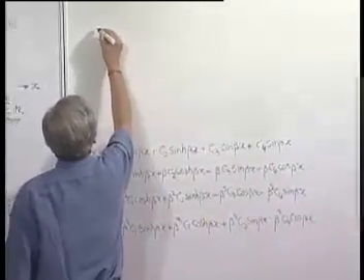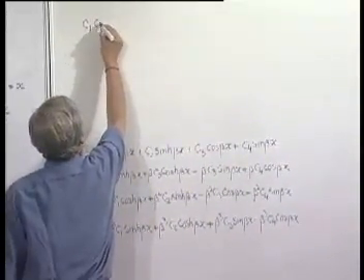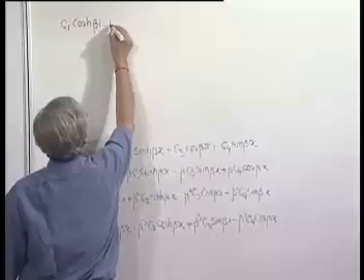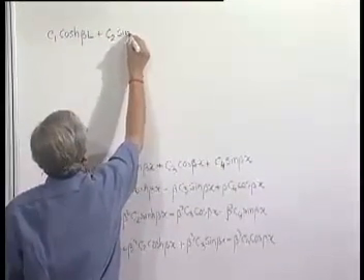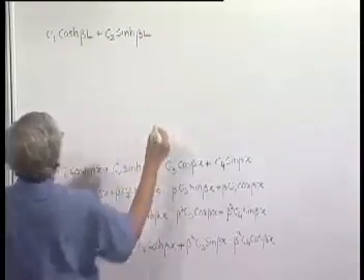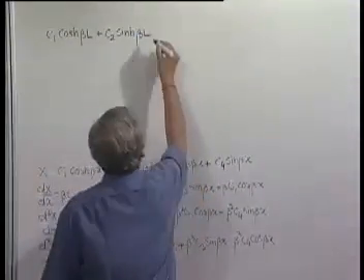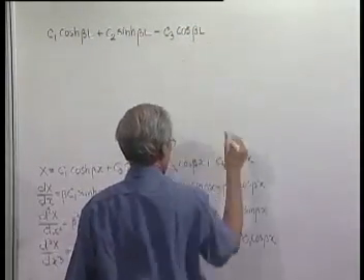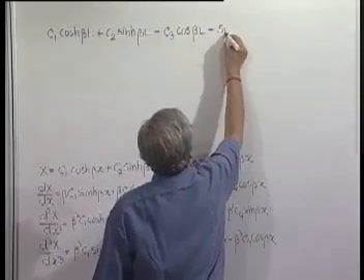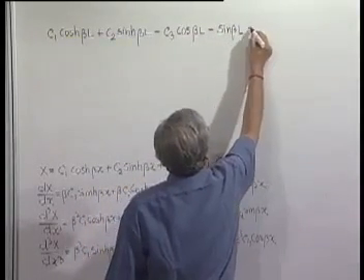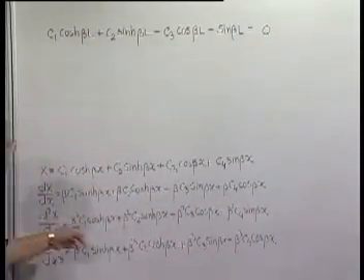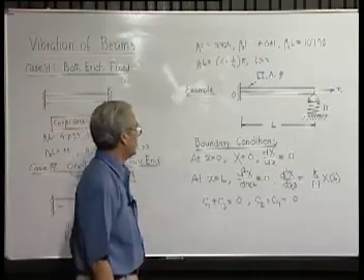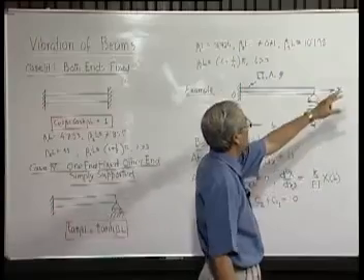Therefore, that gives us C1 cosine hyperbolic beta L plus beta L minus, and the beta square term gets pulled out. So till this third condition there is no difficulty. We can always use these two to eliminate C3 and C4.